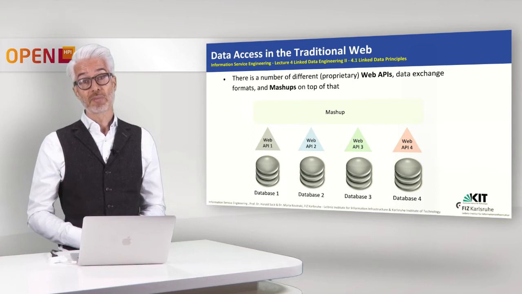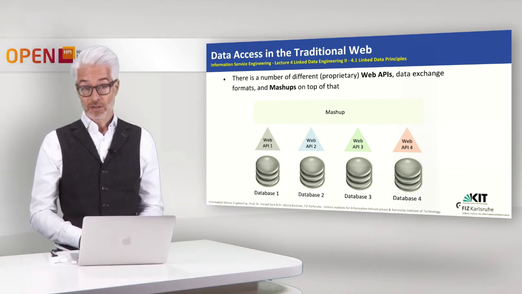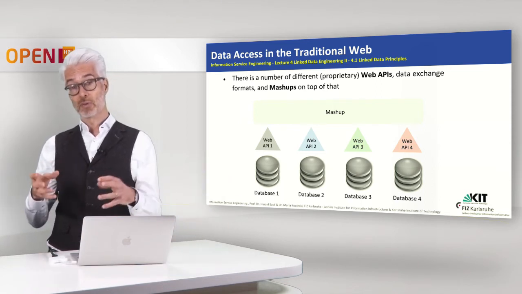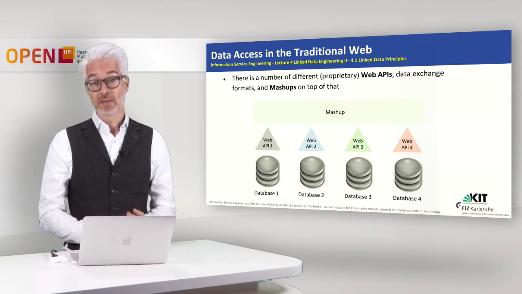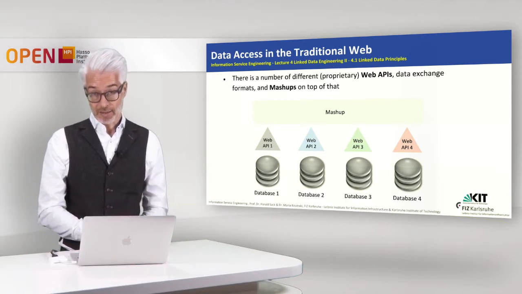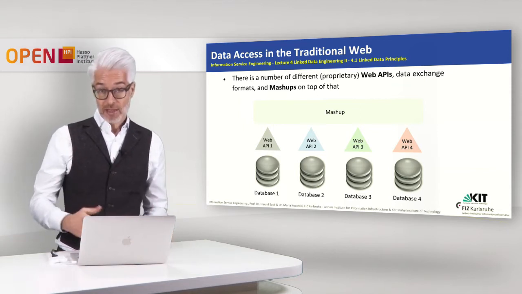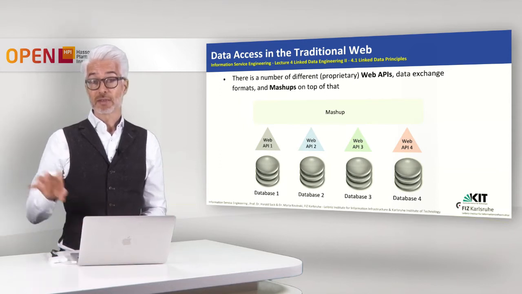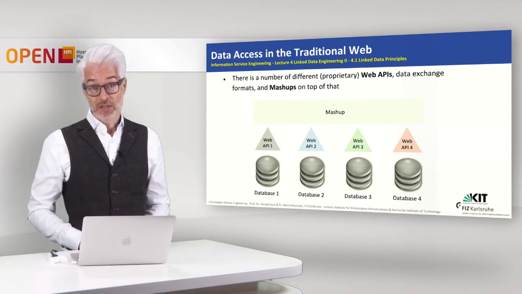The only problem that you have here, of course, the API for database number 1 is a different API from the API you use for database number 2, number 3 and number 4. First of all, for each of the databases you need a different API. So if then in the course of time probably some of the data provider changes something, of course, in this database, then also the API has to be changed.